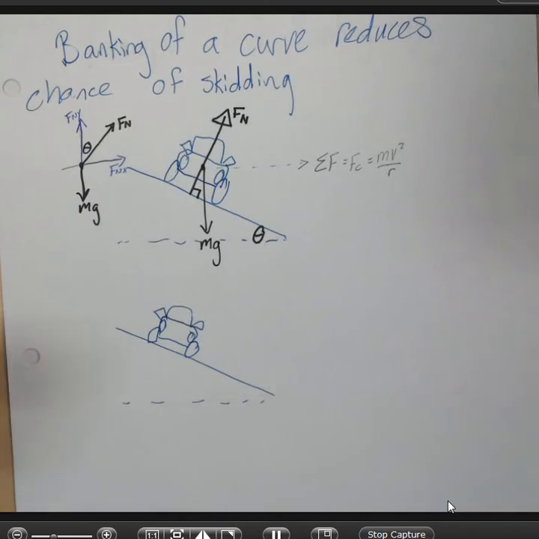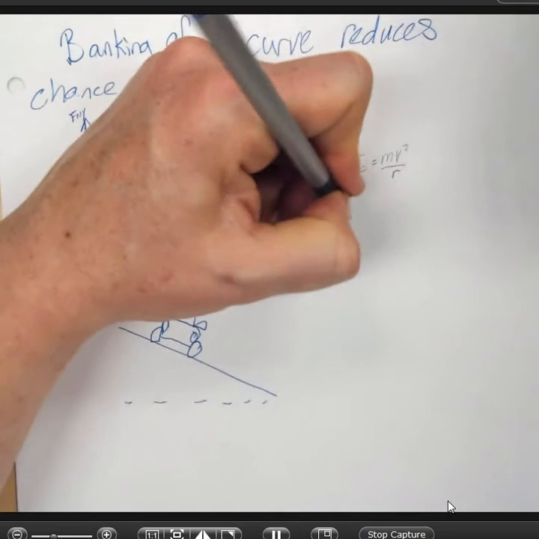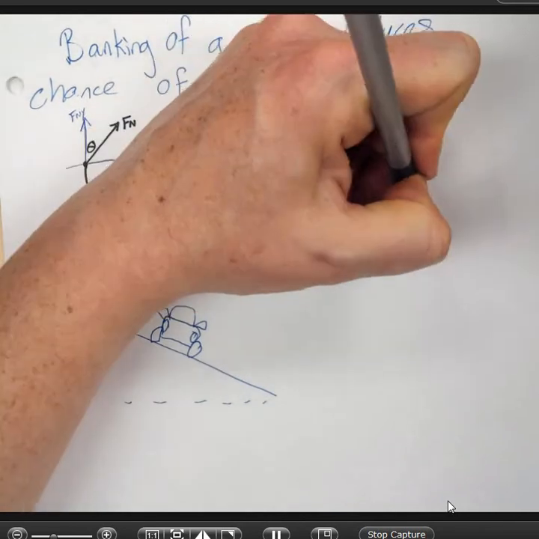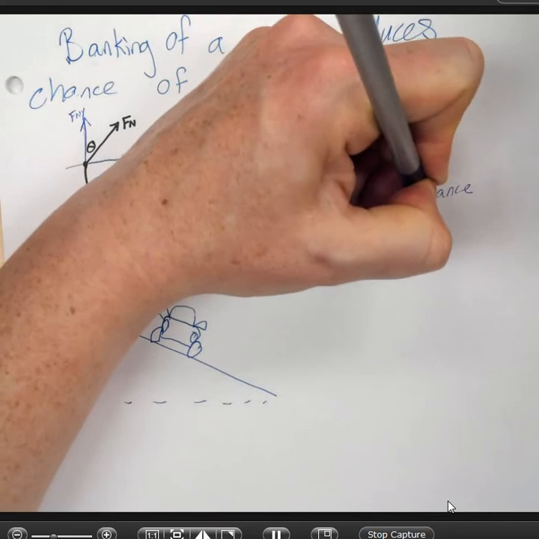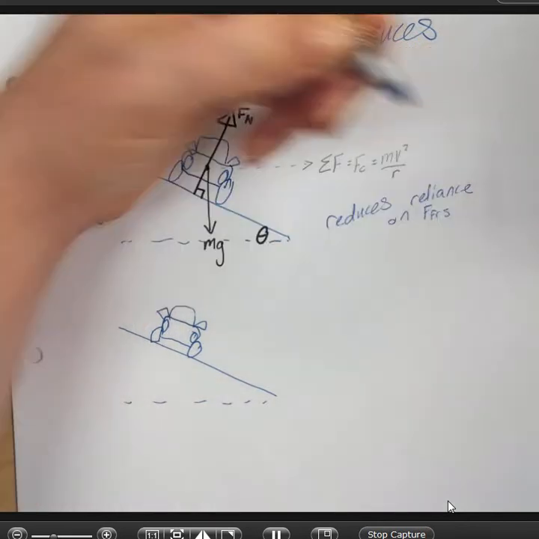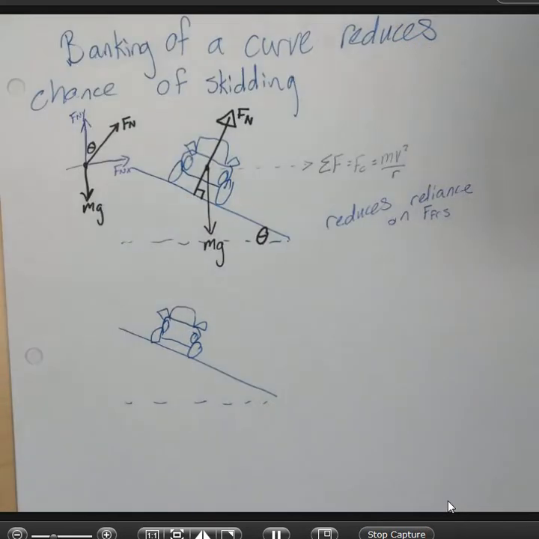This situation reduces our reliance on friction. So that means that we can actually travel at a higher speed before we're applying so much force that the car will skid out of the road.